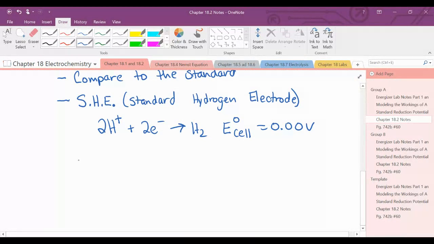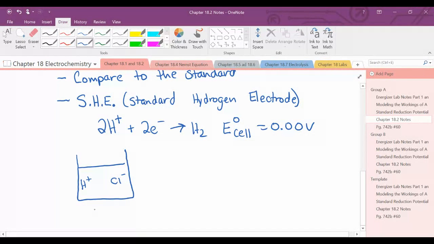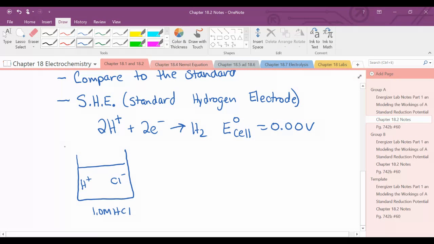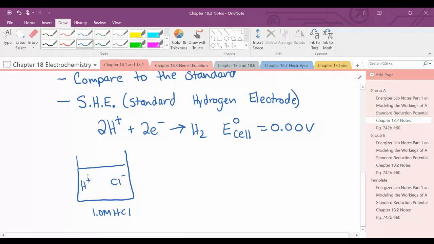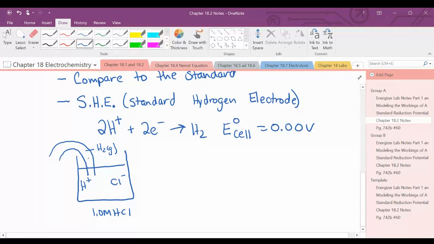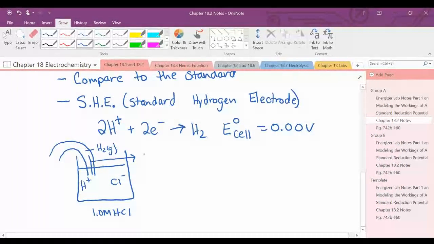And so this was set up using a solution of 1 molar hydrochloric acid, and then hydrogen's a gas, so you have to have a metal in there as your electrode, and that can either be platinum or graphite.